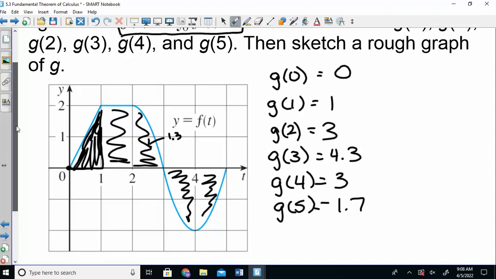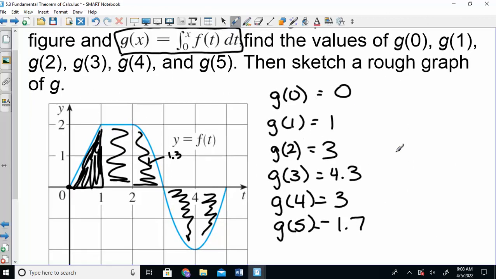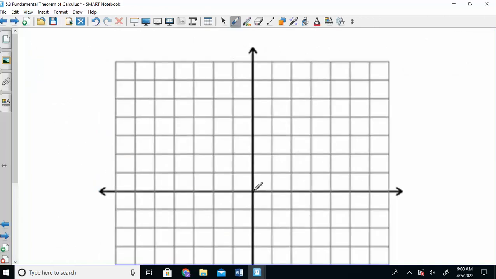The second part of this, I asked you to sketch a graph of G. What these really are is points on the graph, because G was the antiderivative of this graph. I gave you a grid here so we could plot these points.